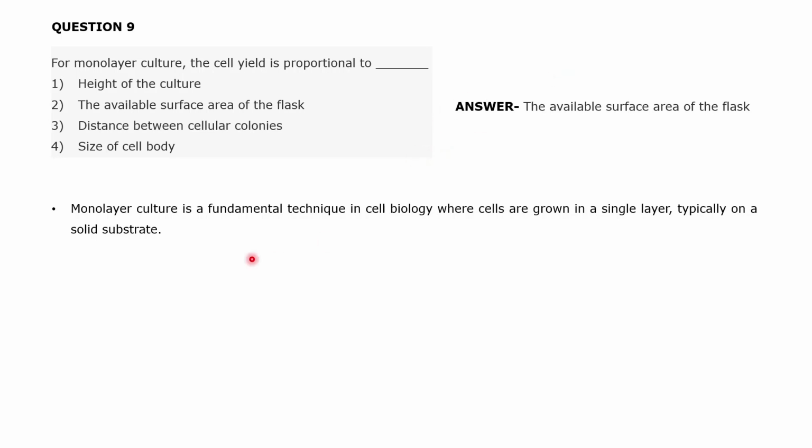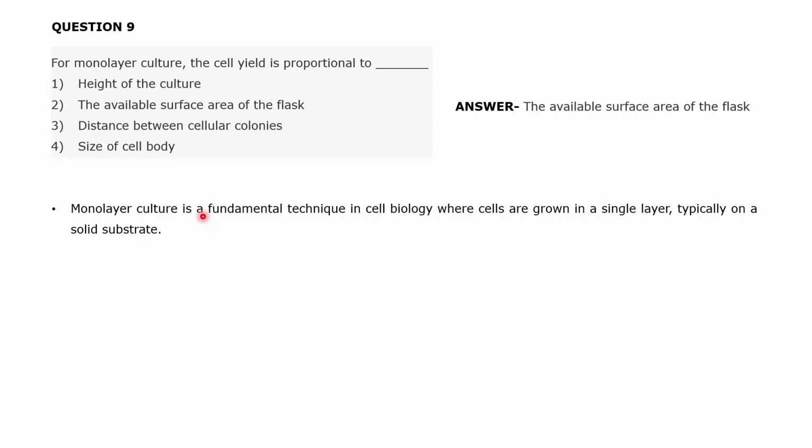So there are different types of culture. One is monolayer culture; if you compare, the other is multilayer culture or a three-dimensional culture, right? 3D culture is also there. So monolayer culture is basically a culture that is grown on the surface of the culture vessel in a single layer rather than multiple layers. If they find the appropriate extracellular matrix, they adhere to it, then they form a single layer at the cell surface itself.